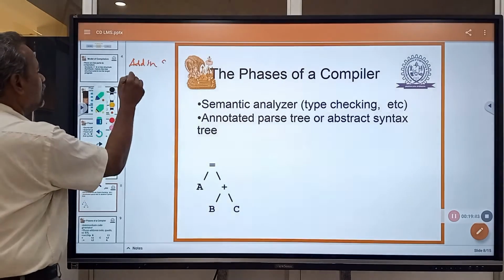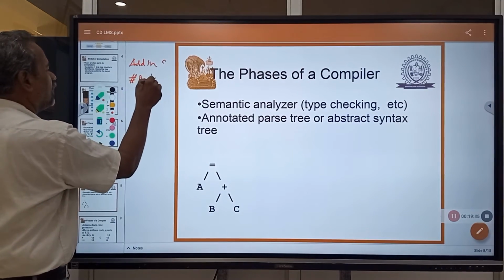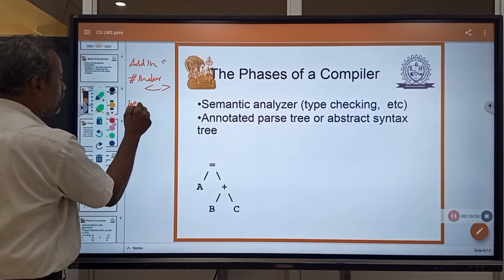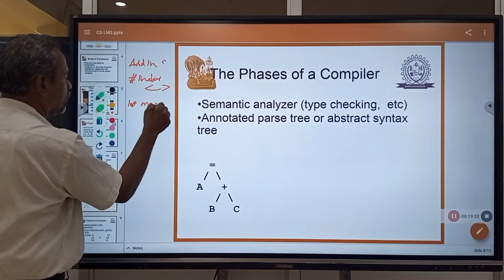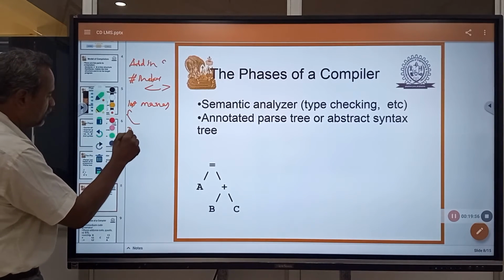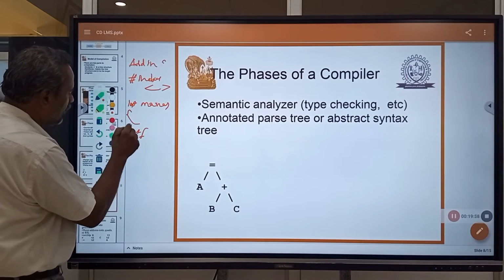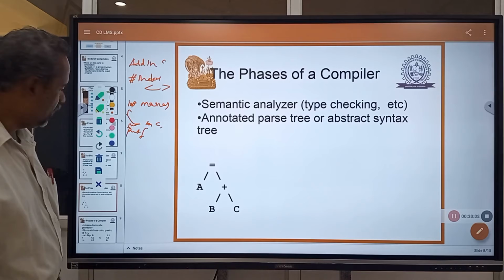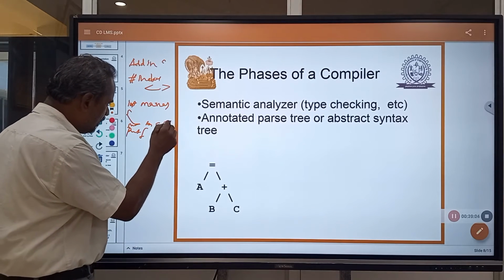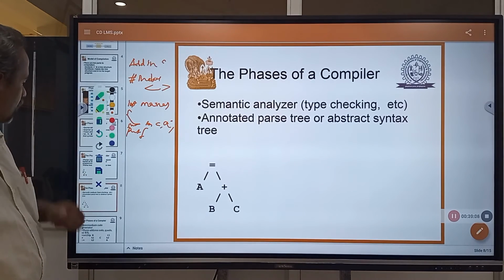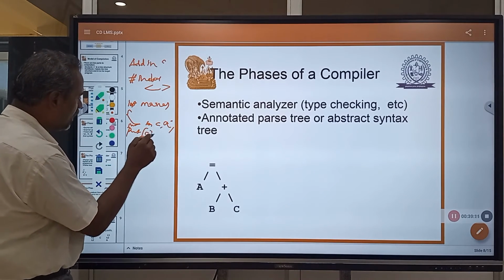The structure includes the header files and int main, followed by a curly bracket, printf. Before that, what are the variables? B and C to get the values from the user, and we need to assign the result to A, semicolon. It is the syntax for declaring a variable. Printf, enter the values of A, B and C.